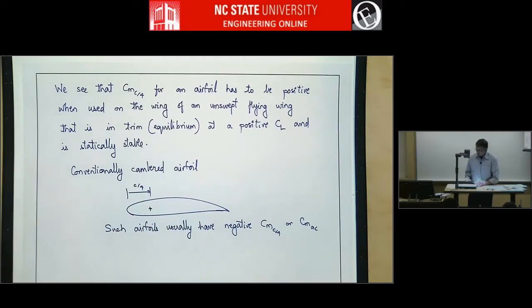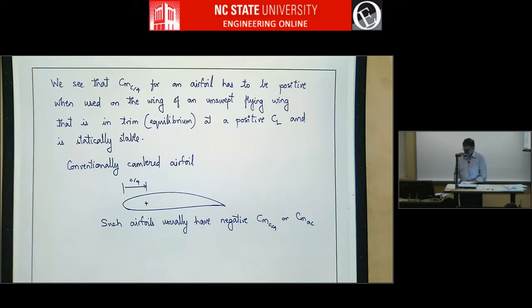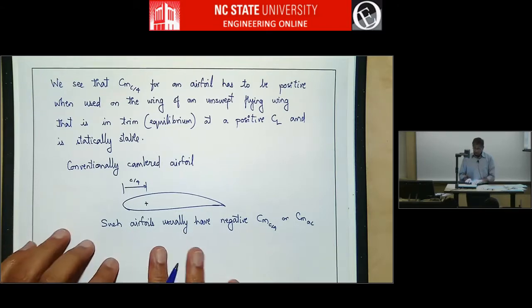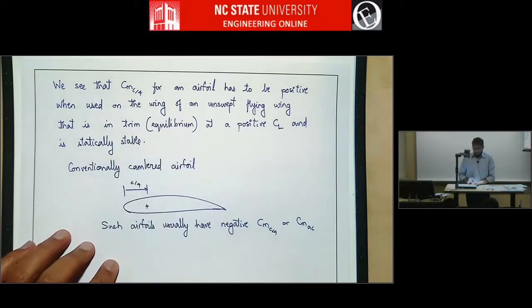So what can we do to have a positive pitching moment? This is where your answer is applicable, right? Yes. You want positive lift, so you want the overall lift of the airfoil to be positive, but you want positive pitching moment also.